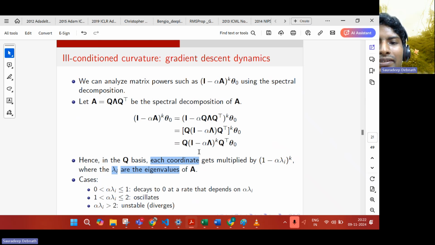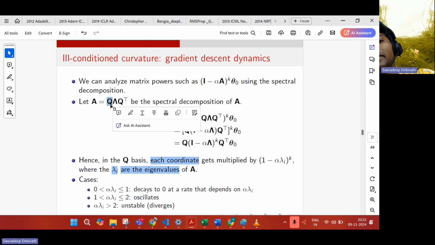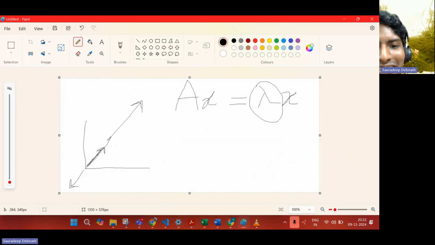And we see that, and spectral decomposition we covered some time back. So this Q is the matrix of eigenvectors. Remember eigenvectors? Just a quick revision.